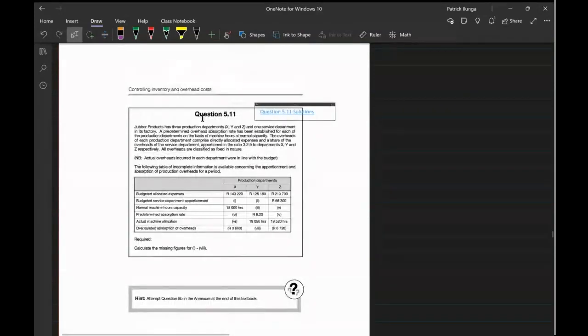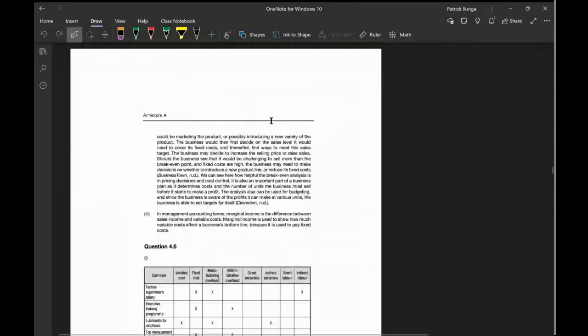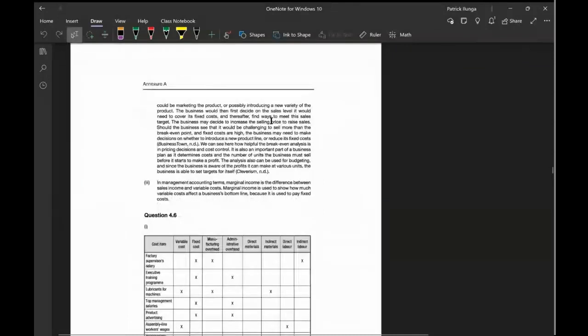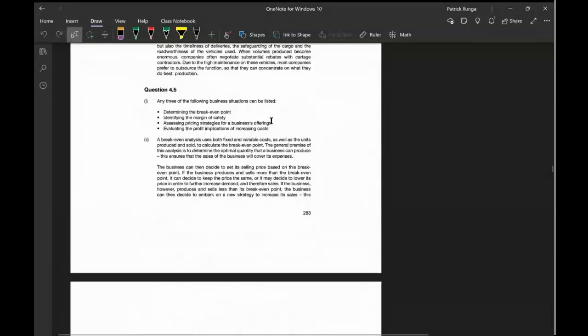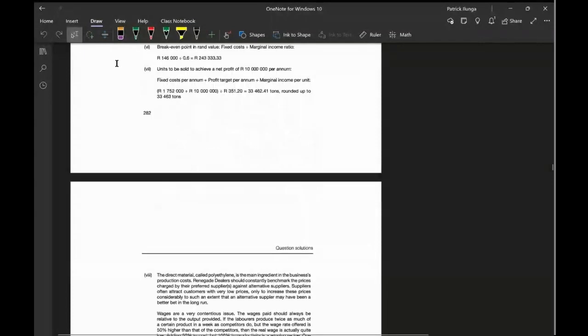For question 5.11, if you want to go to the solution, you could just click there and it takes you to the actual solution. So I thought this could be useful when you have a question.